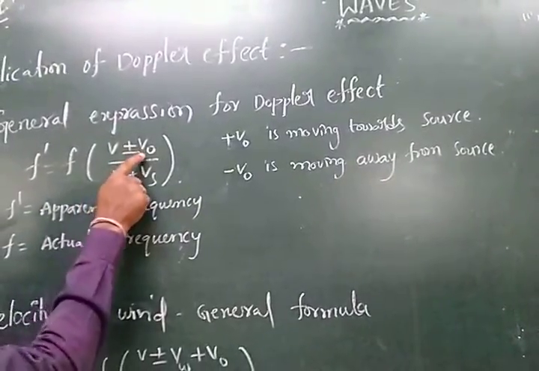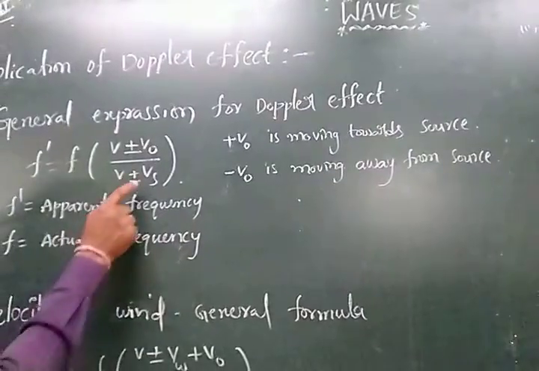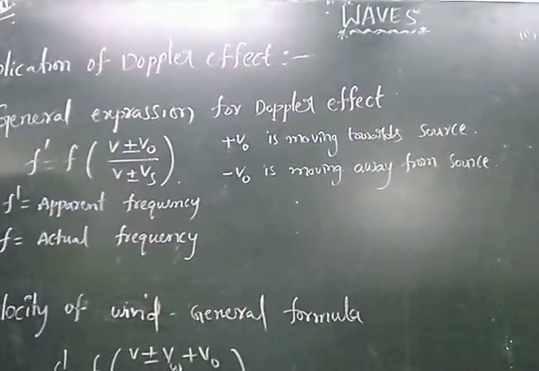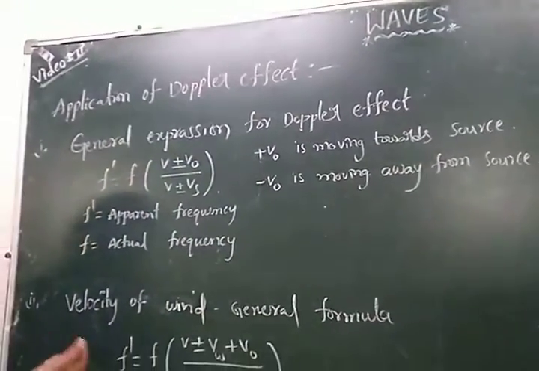We know that v naught is the velocity of the observer and vs is the velocity of the source. Now, when do we take the positive and when the negative?